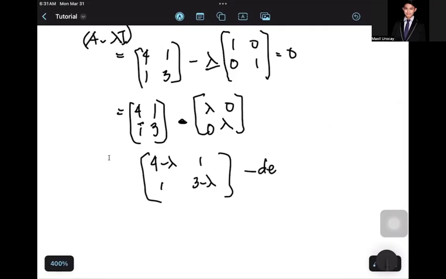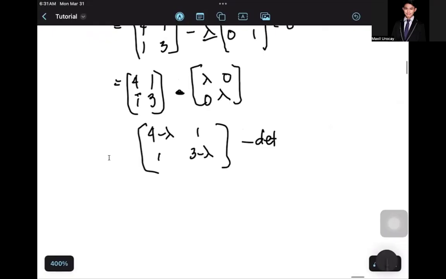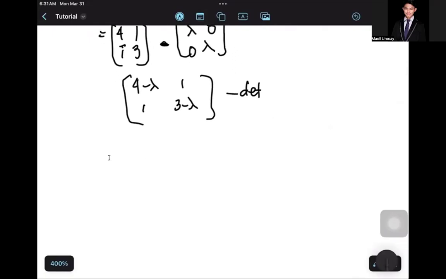We'll be going to get the determinant for A minus lambda of identity. So now we'll begin to get the determinant for that.